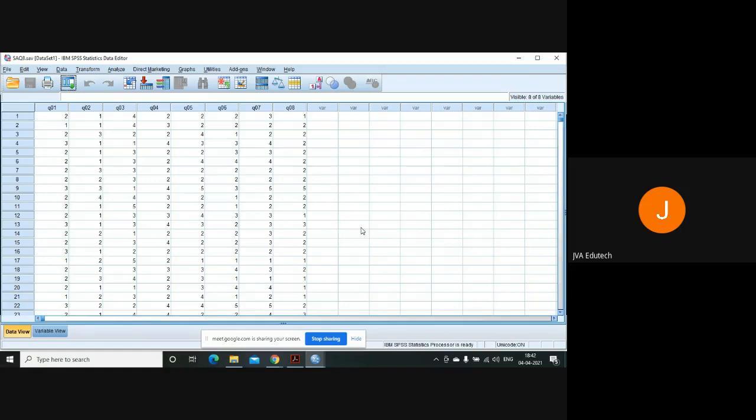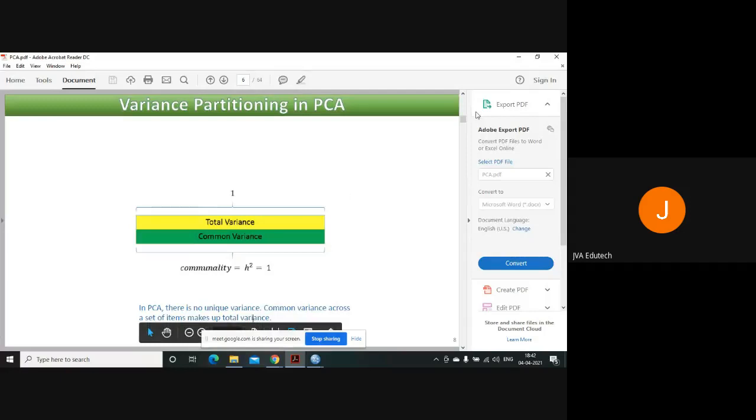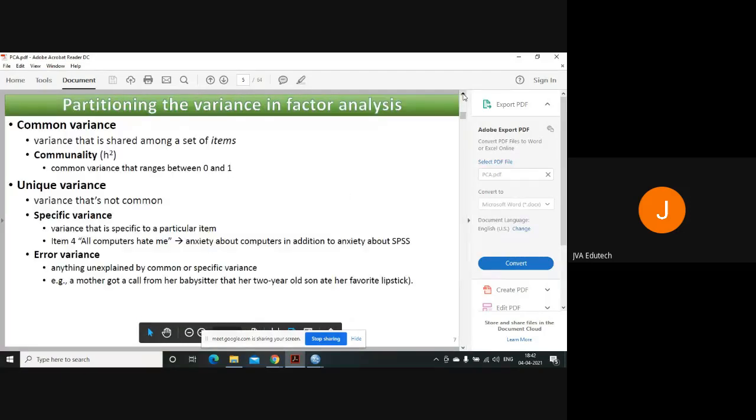And that is based on the variance partition, how we partition the variance. There are two kinds of variances, common variance and unique variance. I'll show you.